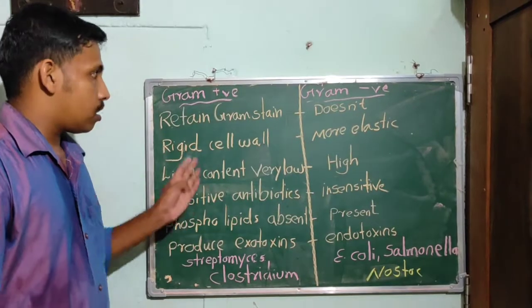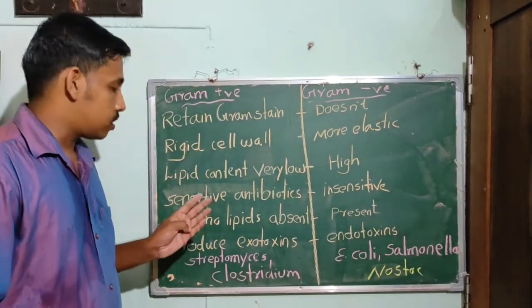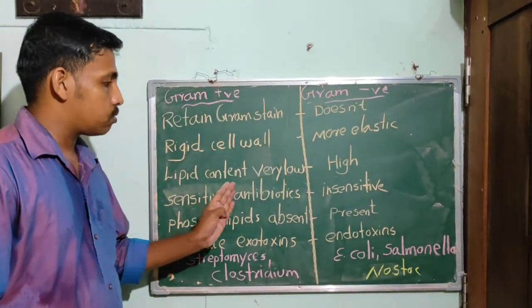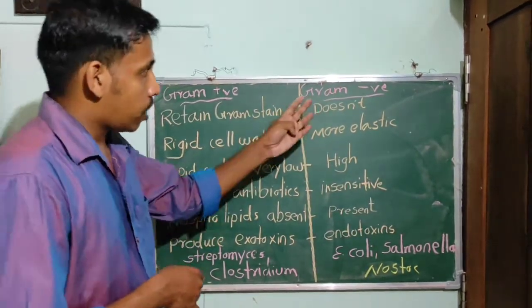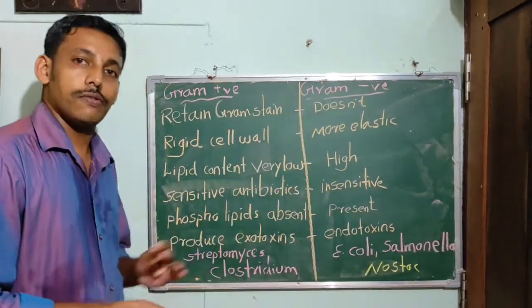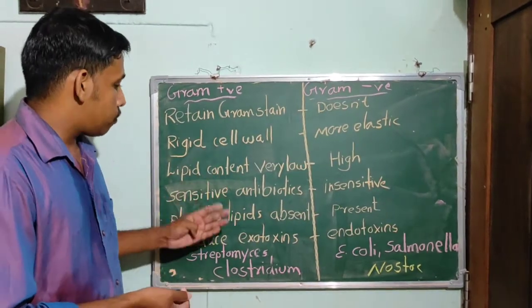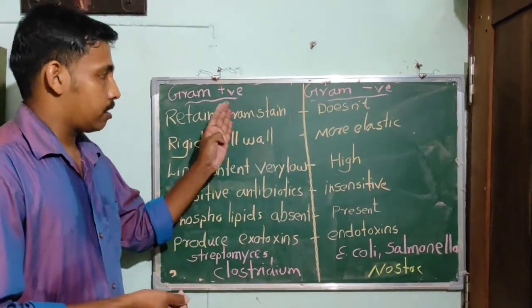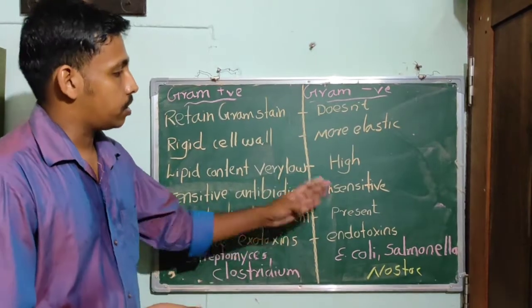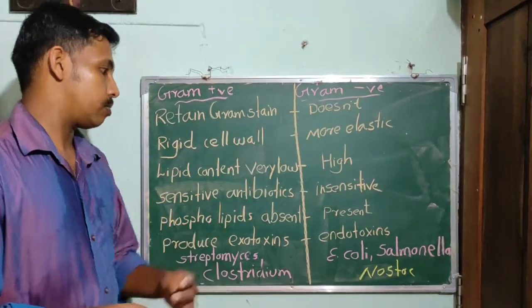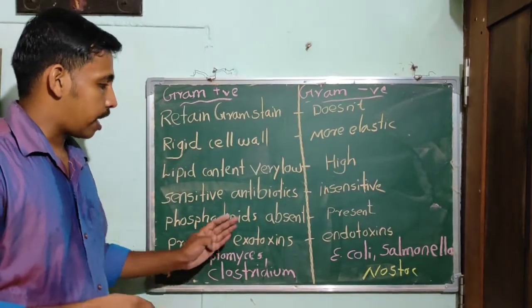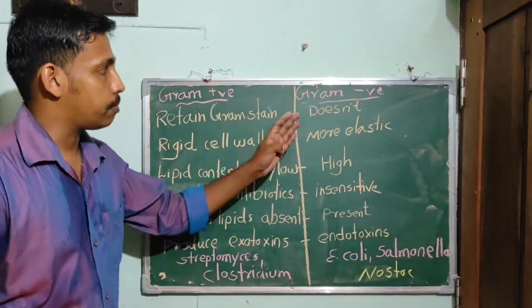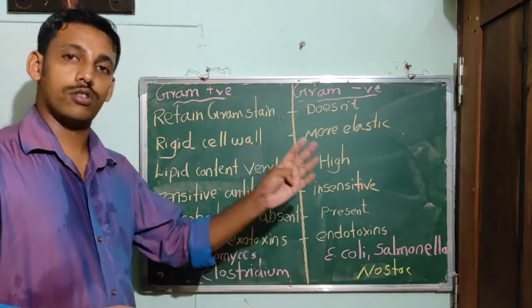The cell wall of gram positive bacteria is sensitive to antibiotics like penicillin, while gram negative bacteria are insensitive. Phospholipids are absent in gram positive bacteria but present in gram negative bacteria. Gram positive bacteria produce exotoxins, and gram negative bacteria produce endotoxins.